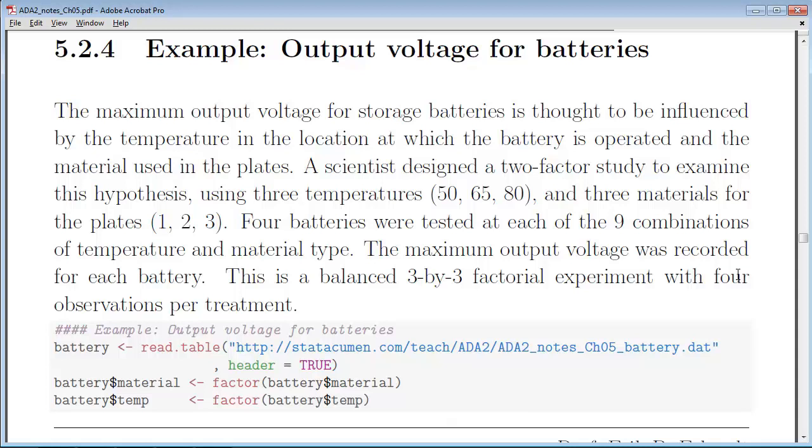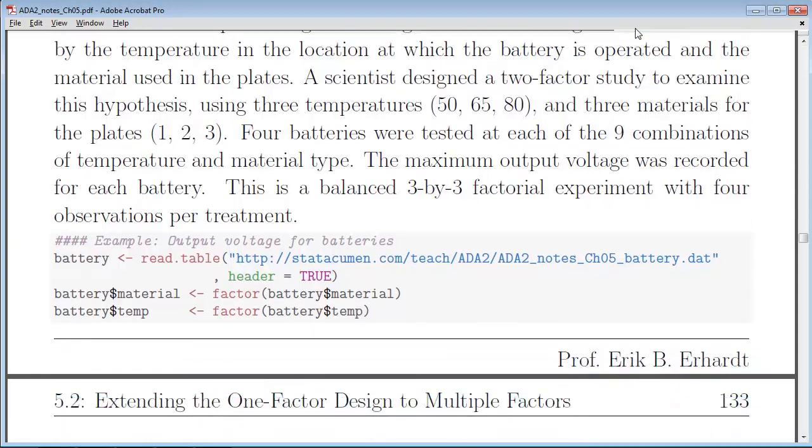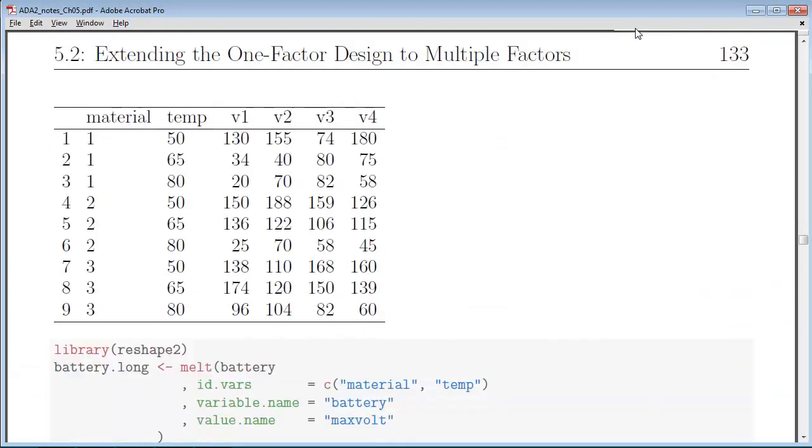start this lecture. All right, so we've got a data set here. Let me scroll down to the data set. We're at page 133 of the notes. So the design here is we want to measure what the maximum voltage output is for batteries that are constructed from three material types, and the experiment is conducted at three different temperatures.